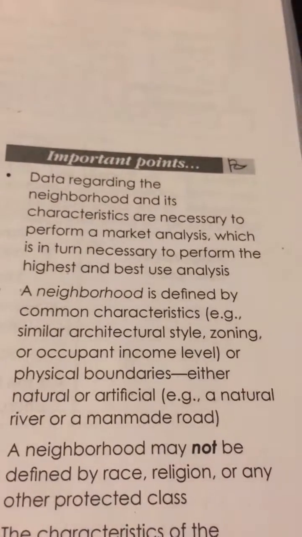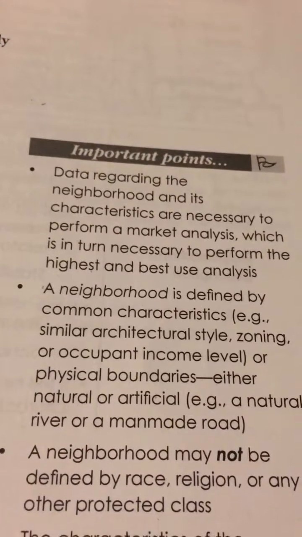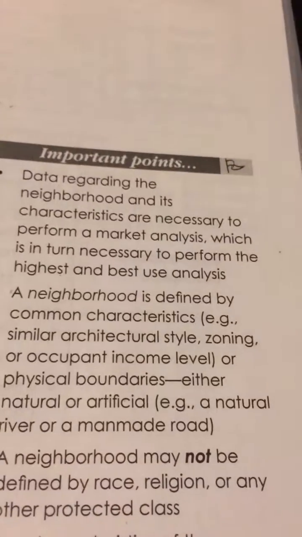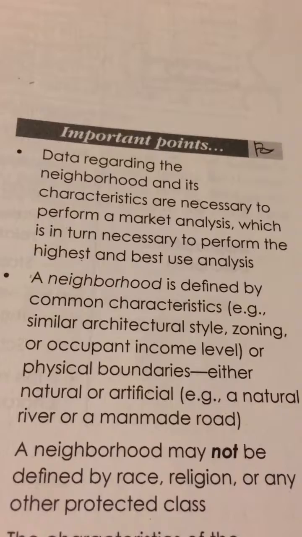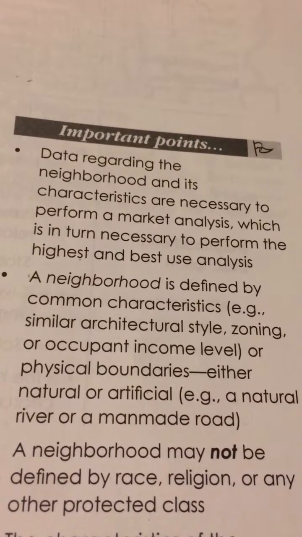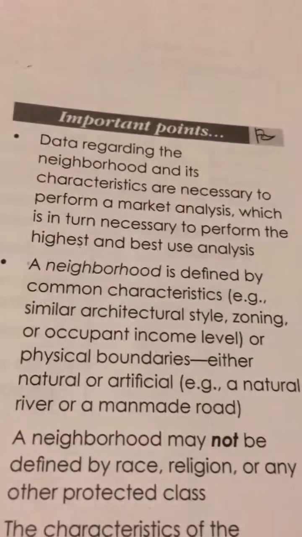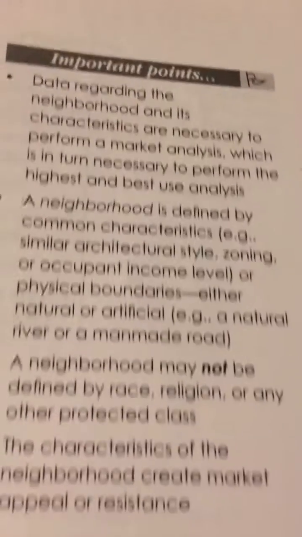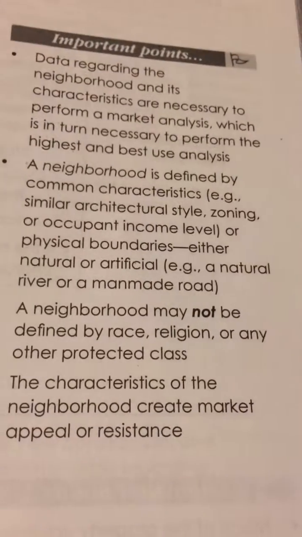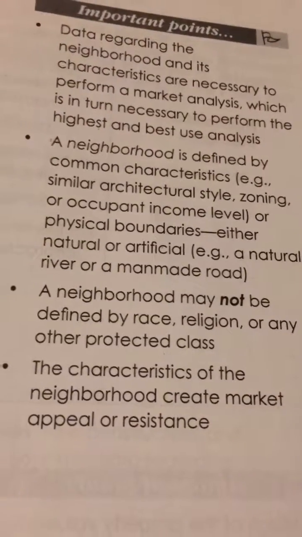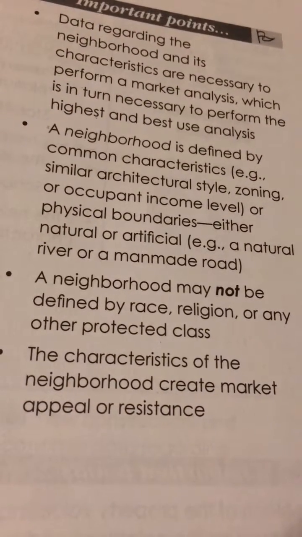A neighborhood is defined by common characteristics, for instance, similar architectural style, zoning, or occupant income level, or physical boundaries, either natural or artificial, for instance, a natural river or a man-made road. A neighborhood may not be defined by race, religion, or any other protected class. The characteristics of the neighborhood create market appeal or resistance.